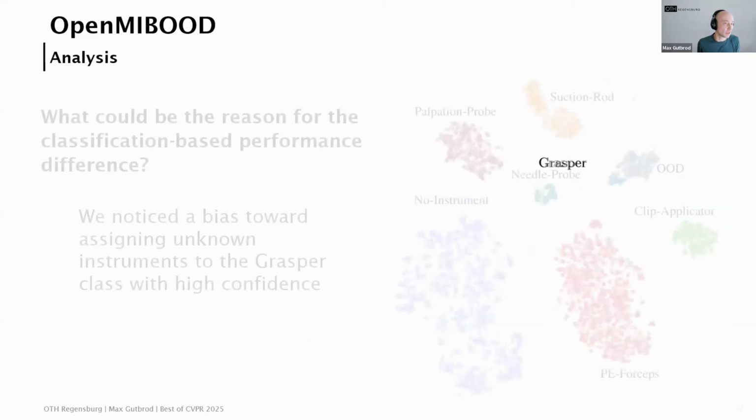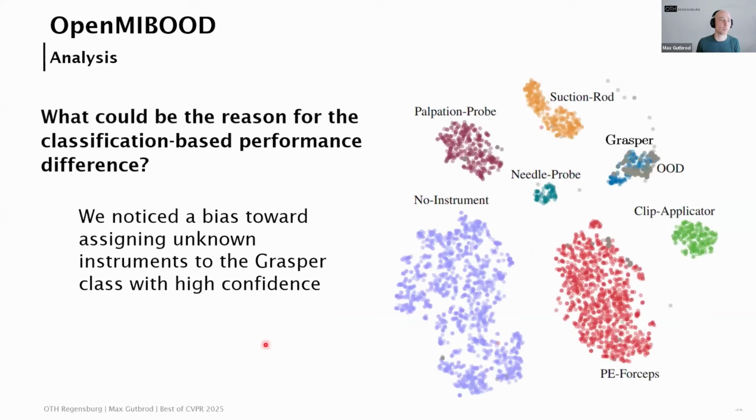We noticed this bias of our model toward assigning these unknown instruments to the Grasper class. On the right, we can see a t-SNE visualization of the feature space of our classification model, and here the bias becomes clear. Of course, this again violates the assumption that OOD data should produce lower probabilities than ID data.